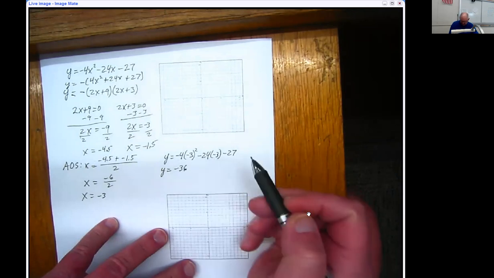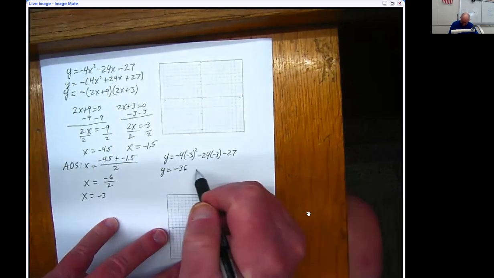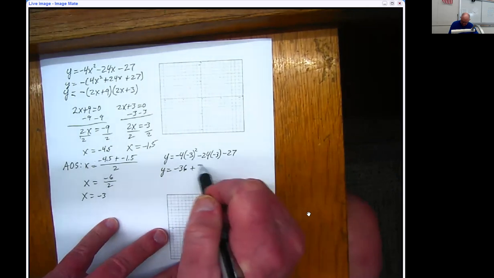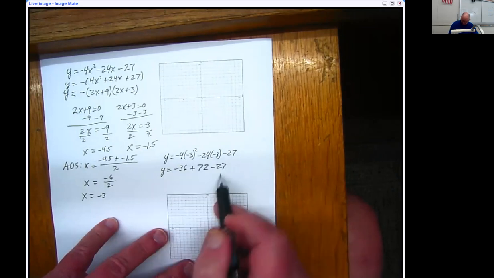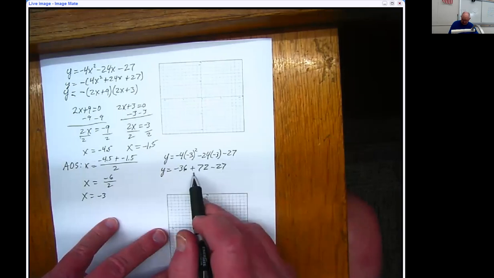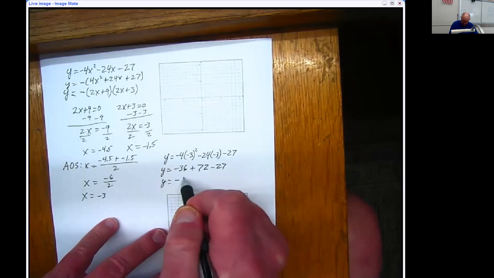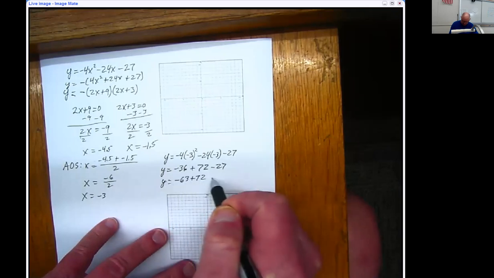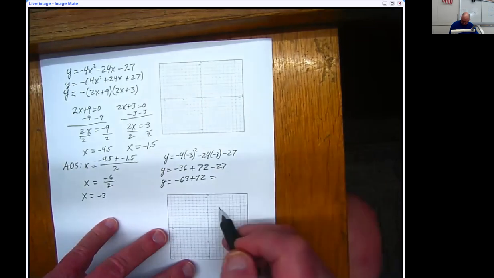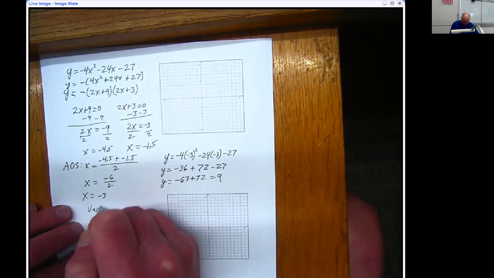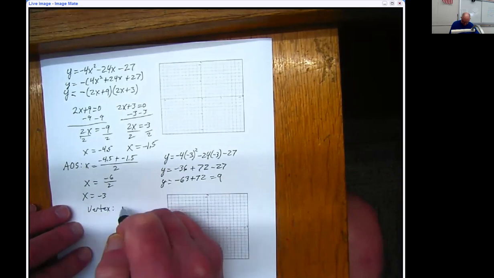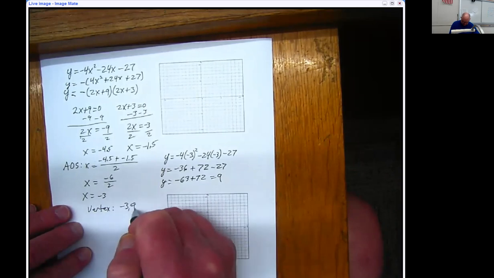And then negative, that's positive. So that looks like positive 72 minus 27. Now let's see, -36, -27, that looks like -63. And so I've got y equals -63 plus 72, which comes out to be 9. So my vertex is going to be located at -3, 9.